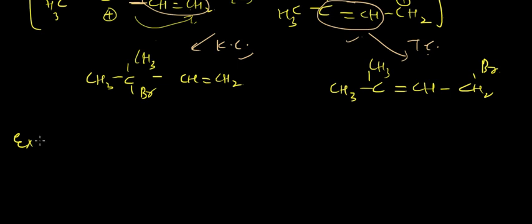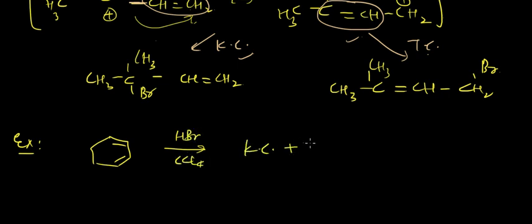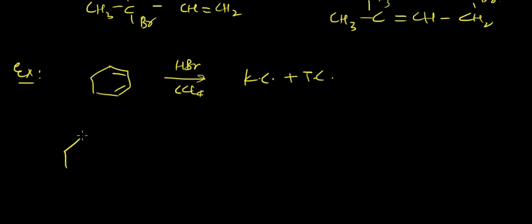Okay, let's do another example wherein we have something like this compound, and we are passing again HBr in presence of CCl4. Determine the KC and TC product. Again, let's draw the intermediate state. We'll be getting something like this. Okay, or rather the plus sign would be conjugate to this double bond, hence we'd be getting positive charge here.